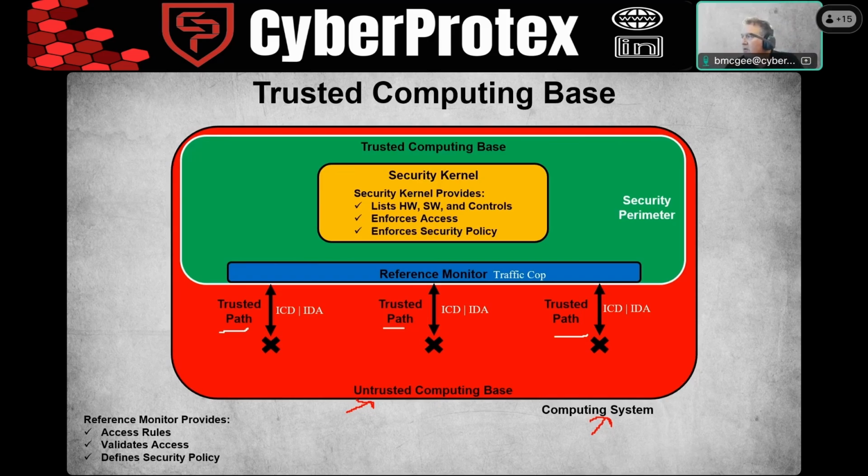Is it over just the simple input output? So really, it becomes a way that each one of these untrusted systems becomes part of that trusted computing base and allows it to build that relationship. And so at a high level, this is what a trusted computing base is.